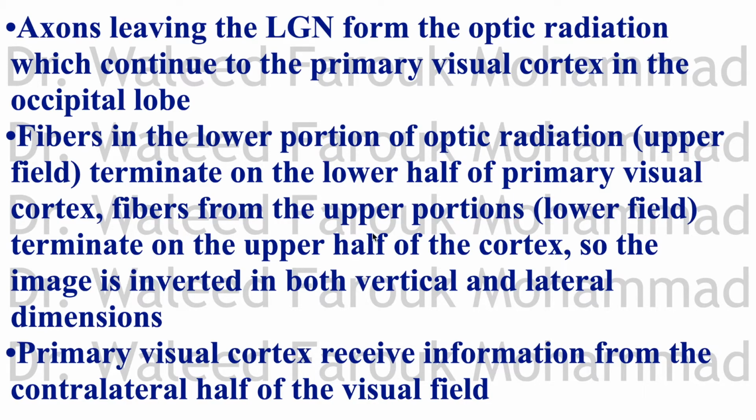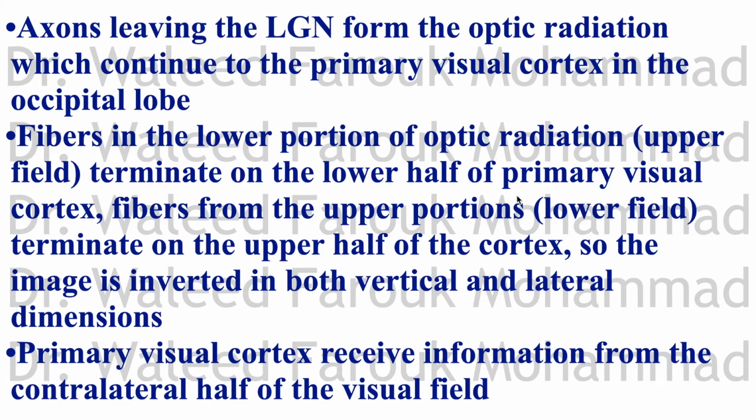Axons leaving the lateral geniculate nucleus form the optic radiation, as mentioned before. It continues to the primary visual cortex and divides into a lower portion and an upper portion. Be careful here: the lower portion of the optic radiation, not the lower portion of the field. The lower portion of the optic radiation means the upper part of the field. Okay?